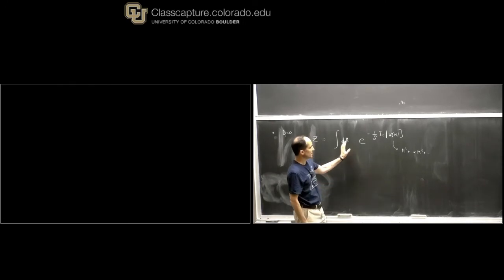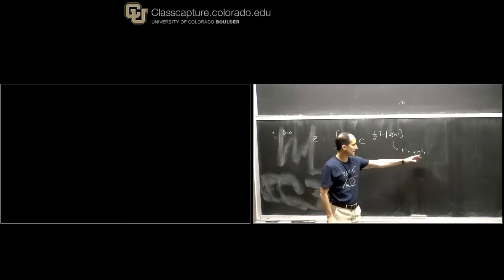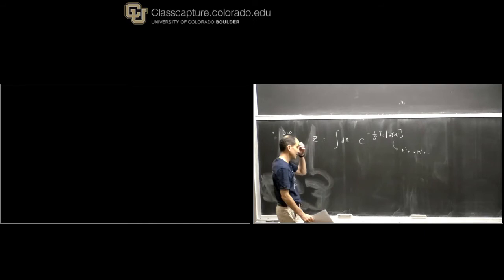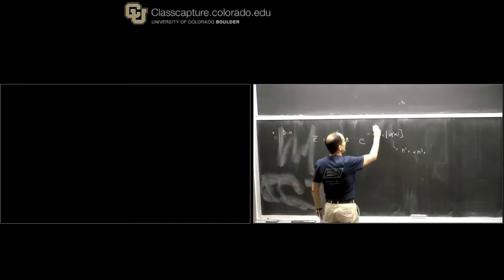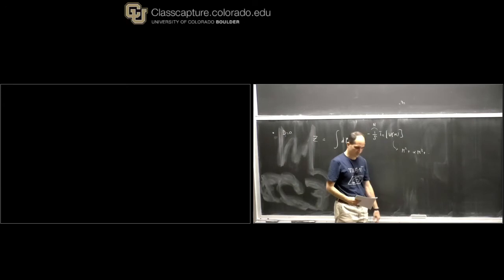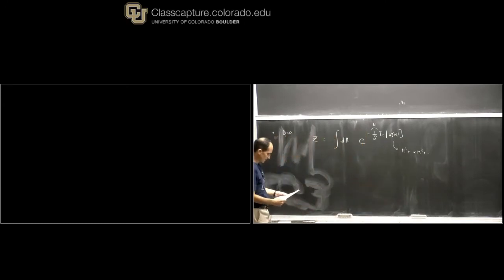When we write the action this way, these parameters alpha are already 't Hooft-like coupling constants, and g squared N then would be another 't Hooft-like coupling constant. Sometimes people write directly here this as a factor of N, okay, times potential of this form. That's also equivalent to this.